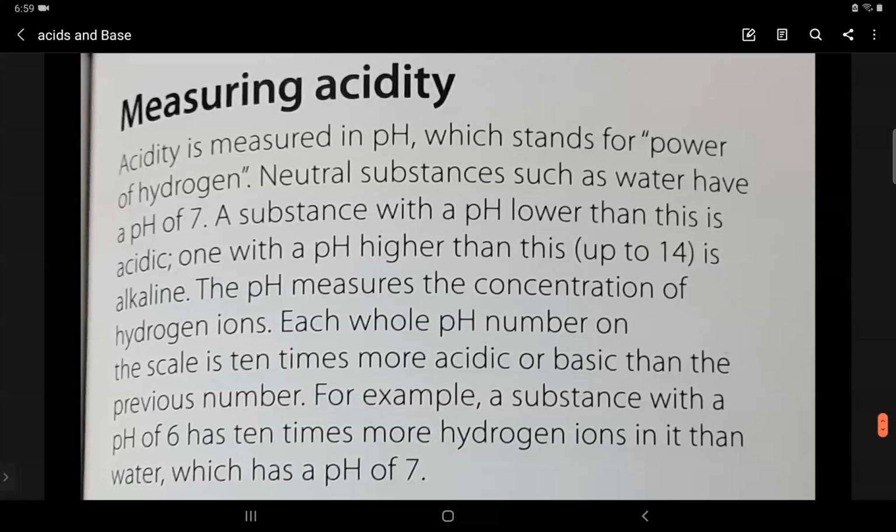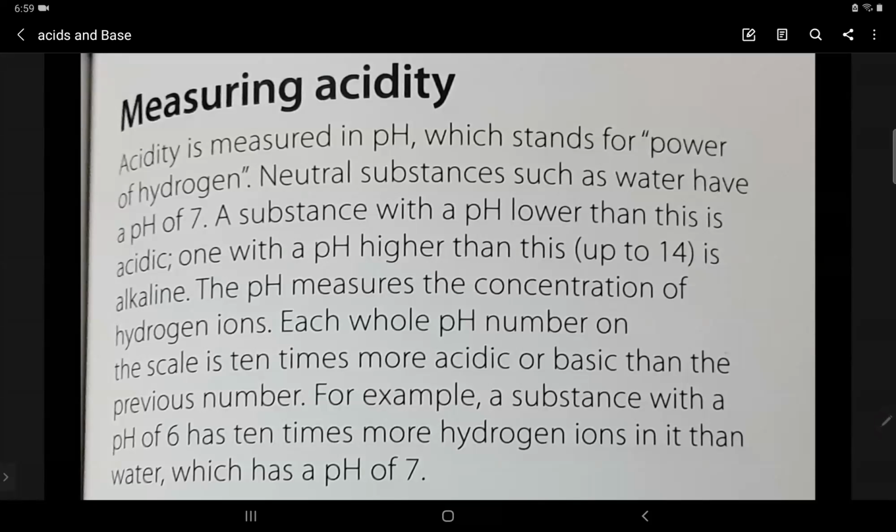Measuring acidity. Acidity is measured in pH, which stands for power of hydrogen. Neutral substances such as water have a pH of 7. A substance with a pH lower than this is acidic. One with a pH higher than this is alkaline. The pH measures the concentration of hydrogen ions.